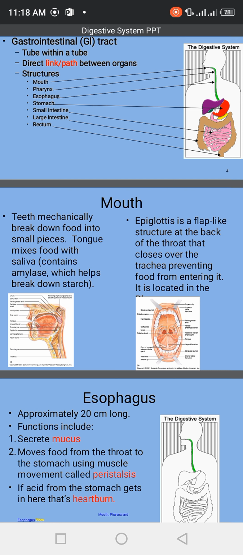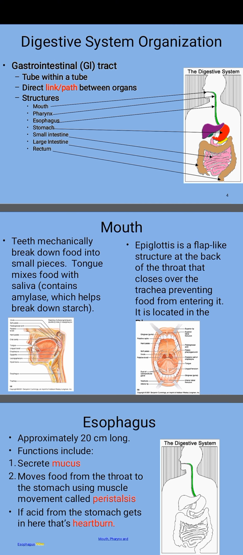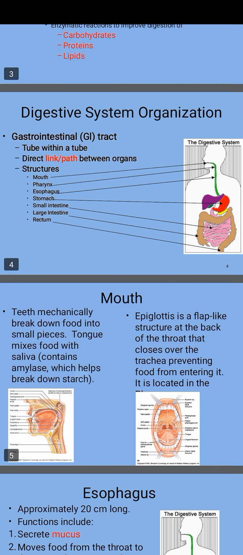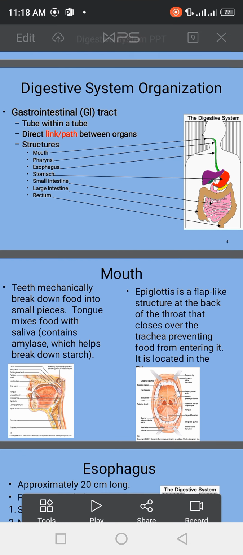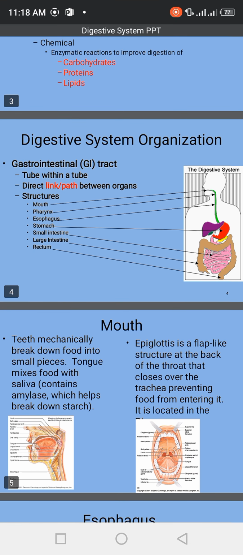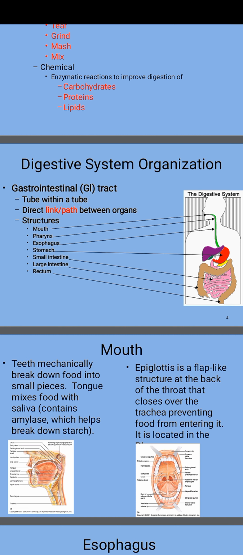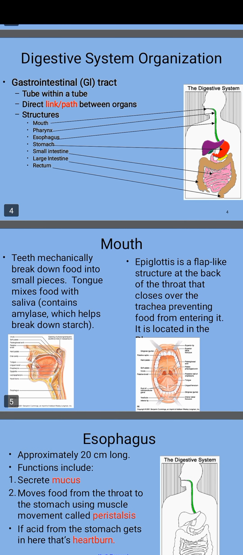Starting with the mouth, as you can see on the fourth slide: mouth, pharynx, esophagus, stomach, small intestine, large intestine. How do they work? In the mouth, the teeth mechanically break food into small pieces.